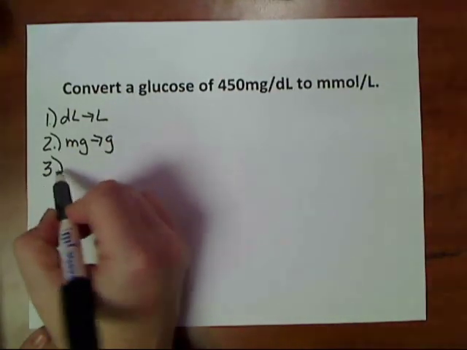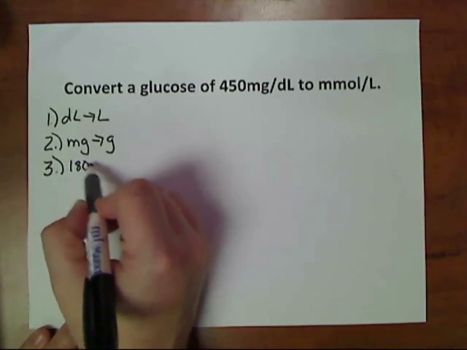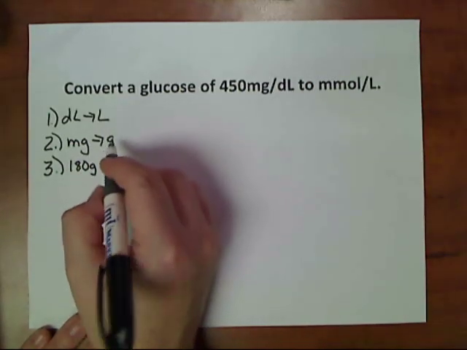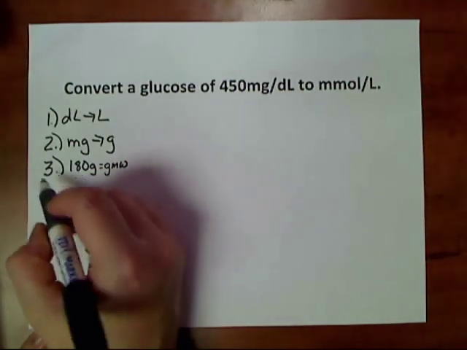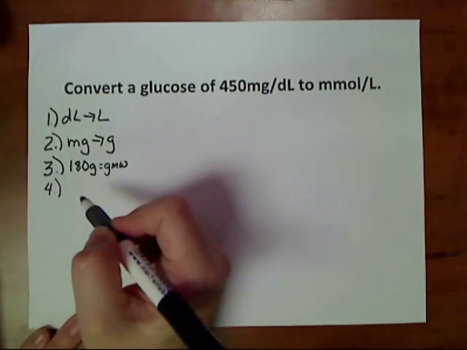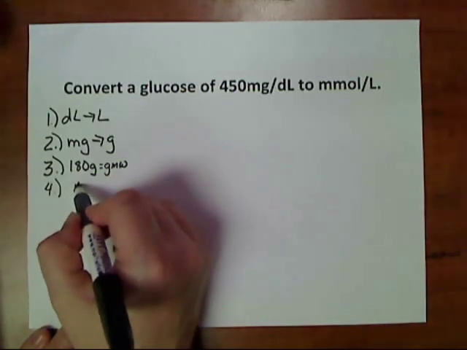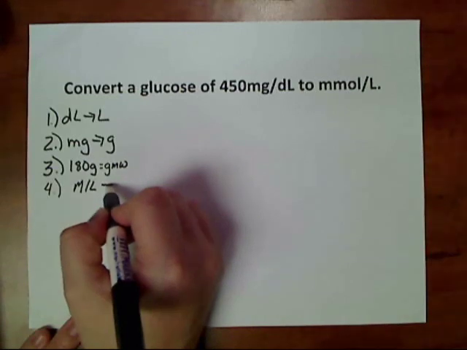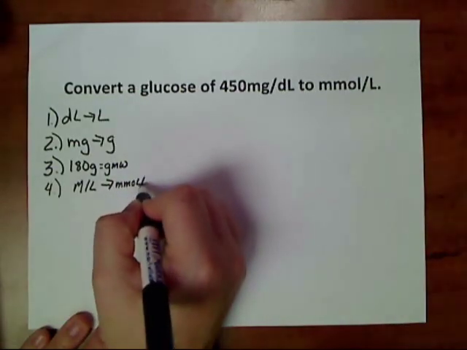Our third step is going to be using the fact that there is 180 grams of glucose in 1 mole of glucose. Our fourth step will be converting moles per liter to millimoles per liter.